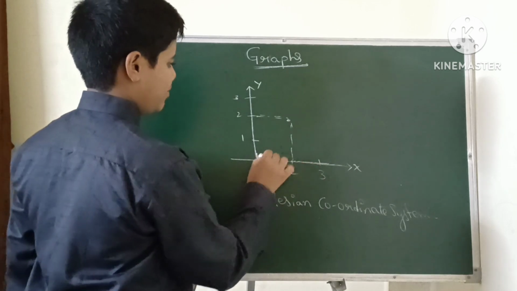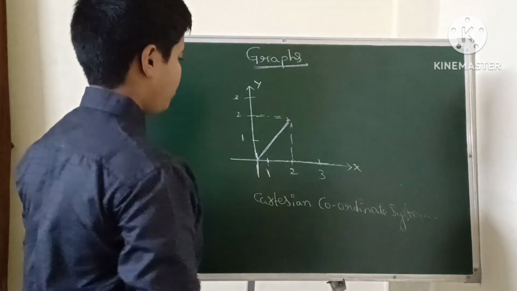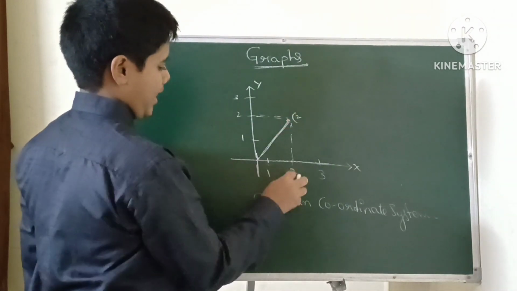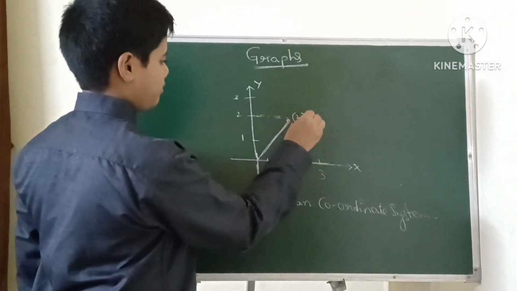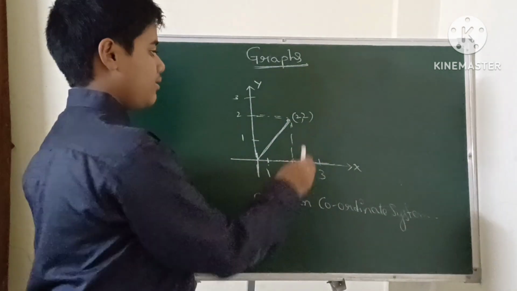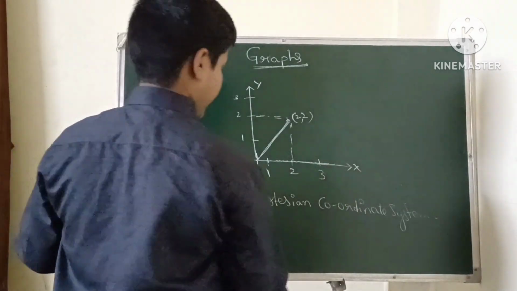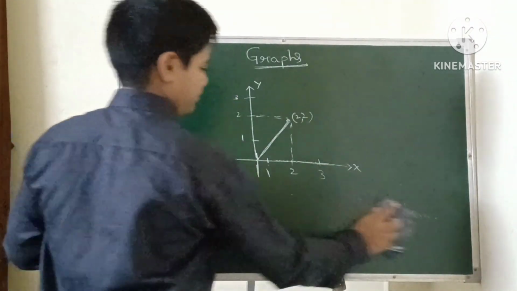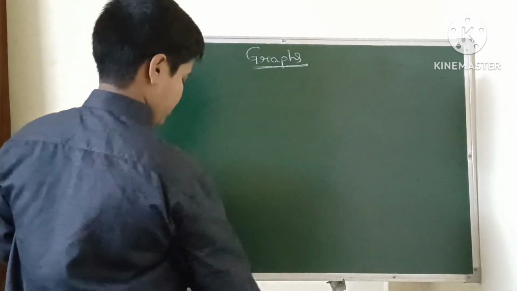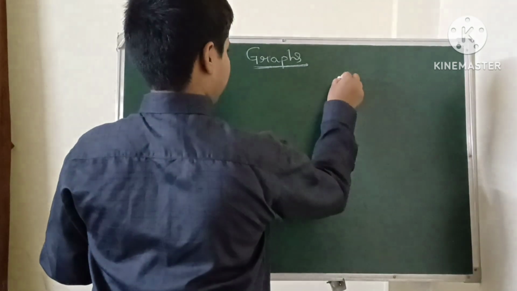we have to draw like this straight line. So the measure of this point is x-axis 2 and y-axis 2. So the measuring x and y coordinates is 2 and 2. Okay. So here, before going to like this measures, in graphs we use Cartesian coordinate system.